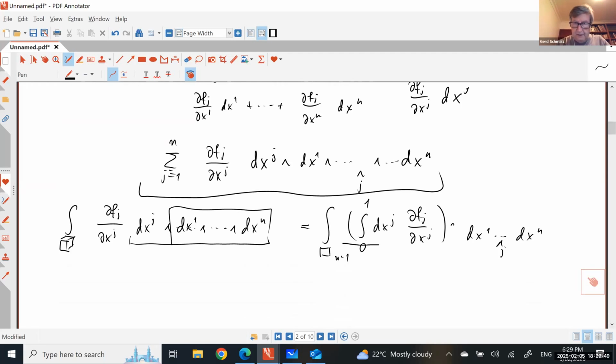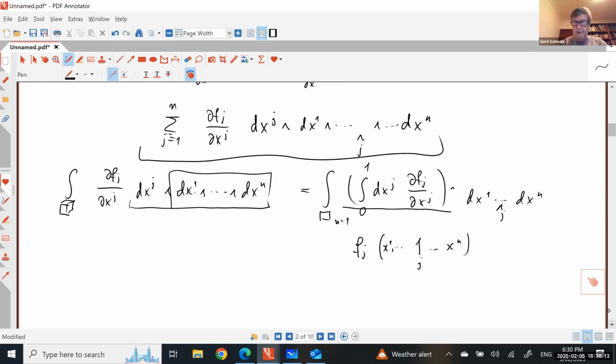For this integral, the fundamental theorem of calculus says this is just f_j evaluated at 1. So here we have x_1 and here we have x_n, but at the place j it is just 1.